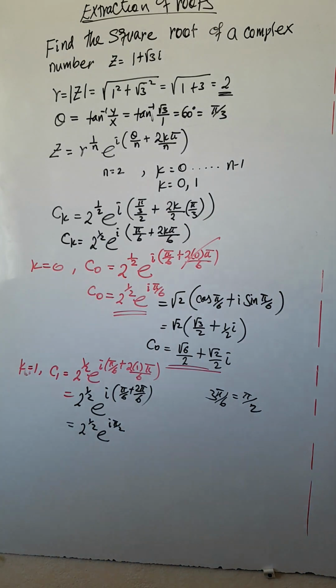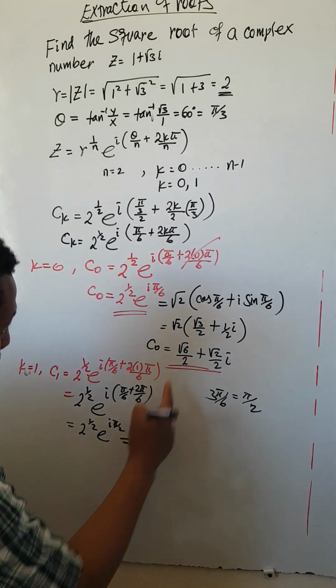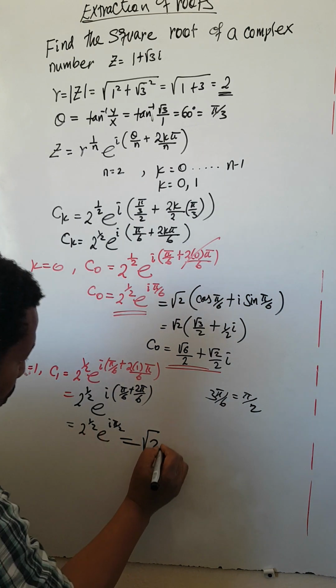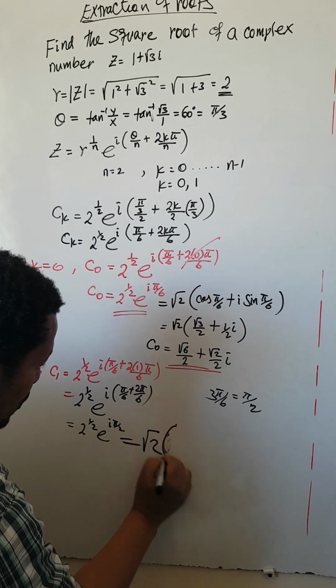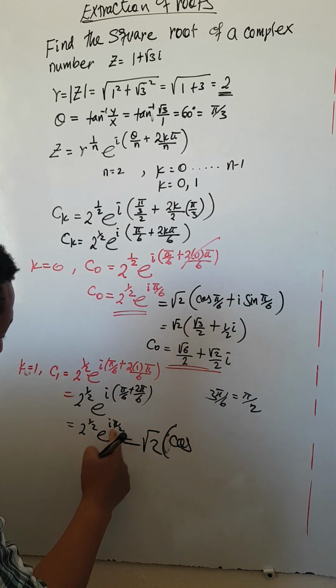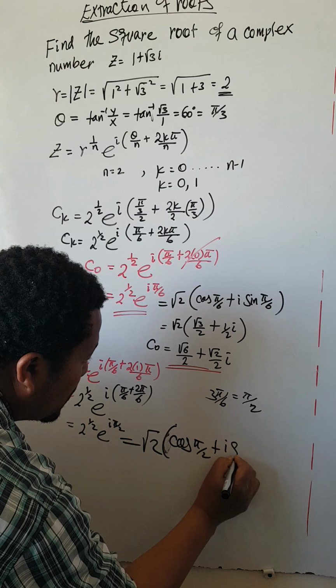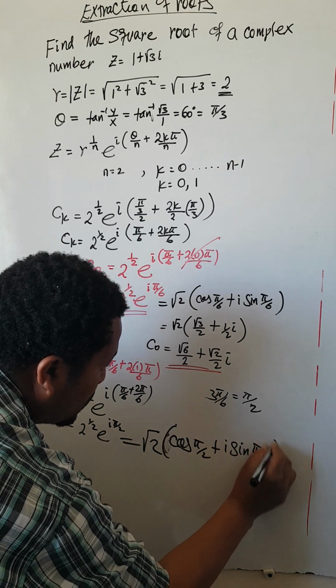The polar form for this is square root of 2 times cosine of pi over 2 plus i times sine of pi over 2.